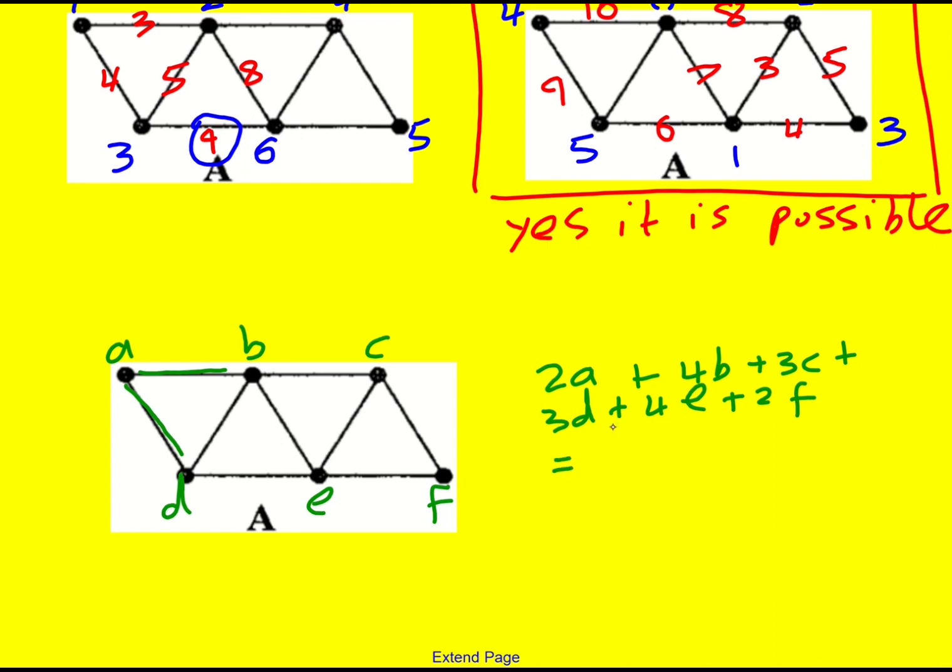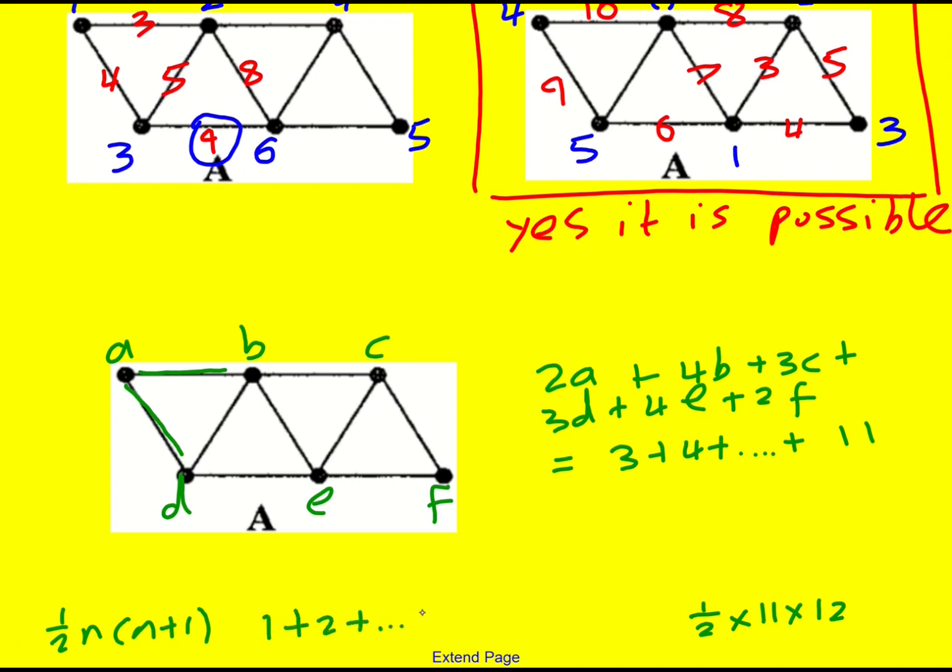Now I know I'm using the numbers from 3 to 11 and I'm going to add them all up. A quick way of doing this is to add up from 1 to 11, which is a half times 11 times 12. There's a formula, a half n times n plus 1, to add the numbers from 1 to n.